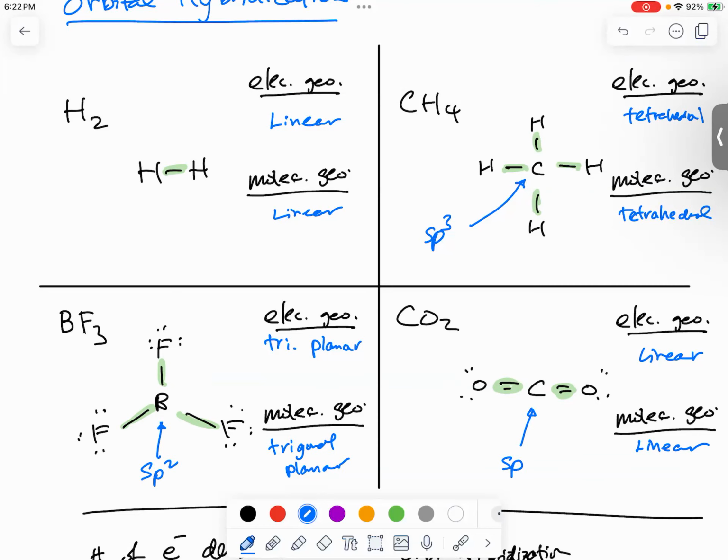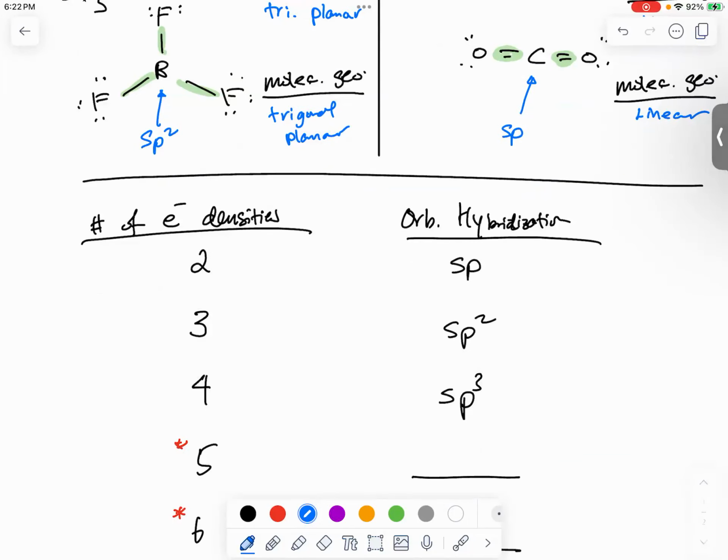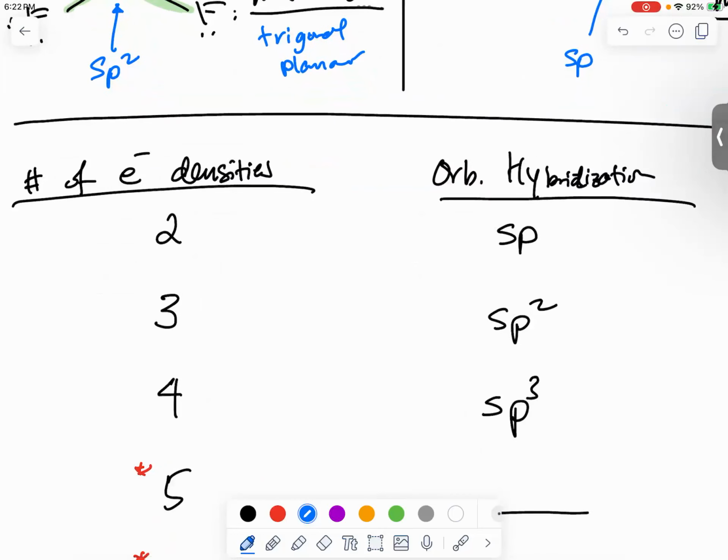Now, you must be thinking, wait, hold on, is there an easier way to pair them up? Let me offer you a suggestion. Think about these as exponents. If you don't see an explicit exponent, the implicit exponent is 1, and 1 plus 1 is 2. For the s, it's always a 1. So 1 plus 2 is 3, 1 plus 3 is 4. There's really no way to get things wrong if you know how to count the number of electron densities. Let me give you one more quick example.